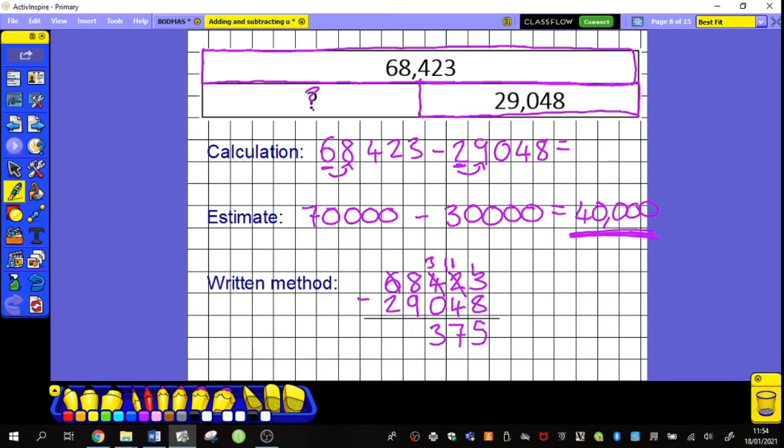So I need to again exchange from the column in front of it to make 18 take away 9, which will be 9, and then 5 take away 2 is 3. Is that near my estimate, 39,375? Yeah, it is very close. So I know I must be correct.